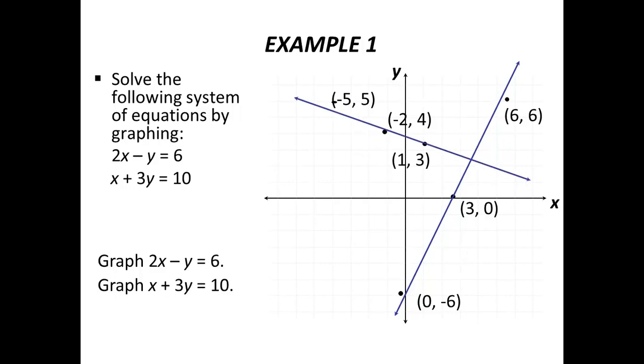Connecting the 3 points with a straight line yields the graph of the second equation. The two lines seem to intersect at the point (4, 2). So the point (4, 2) is a common solution to both equations. That is, 2x minus y equals 6 and x plus 3y equals 10 both pass through the same point (4, 2).